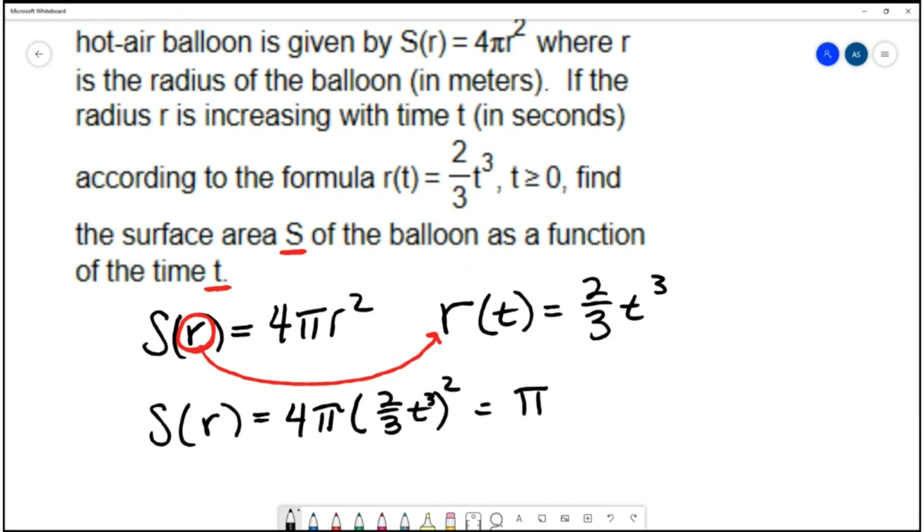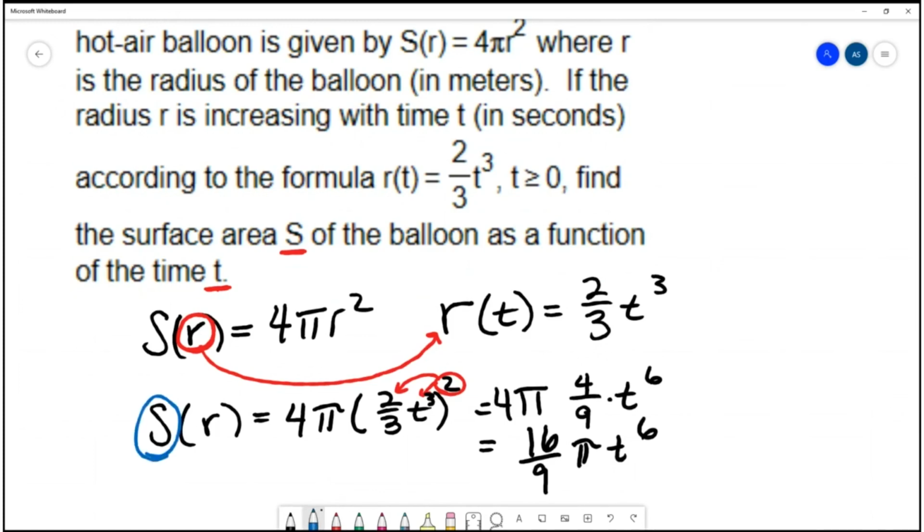This is 4 pi, and we're going to apply this exponent to both of these factors. That's 4/9 times t to the 6th. That's going to give us 16/9 pi t to the 6th power. So now we have our surface area where the variable is time.